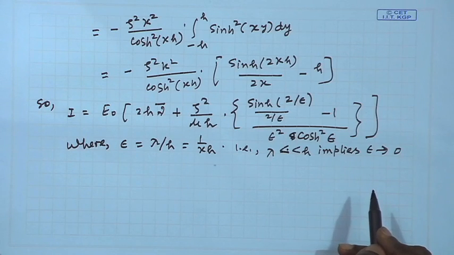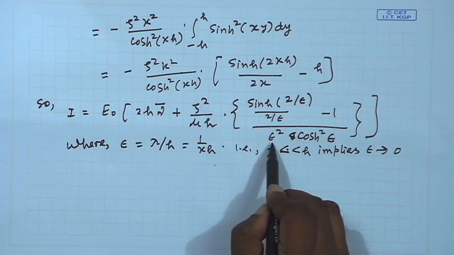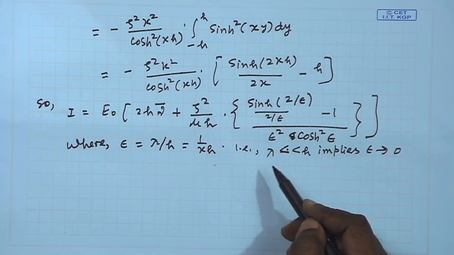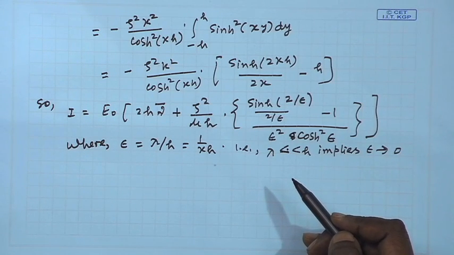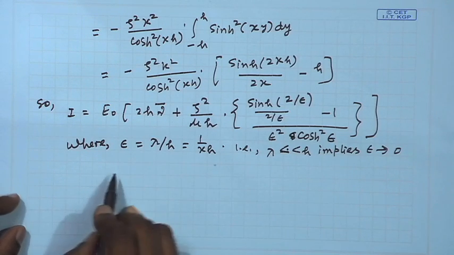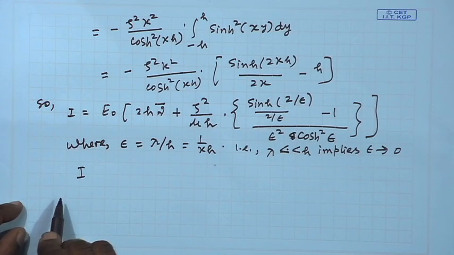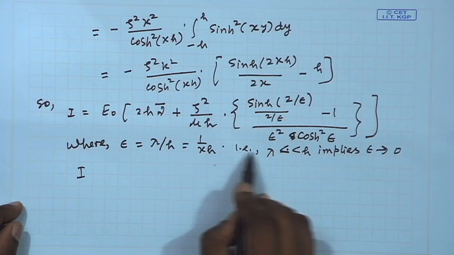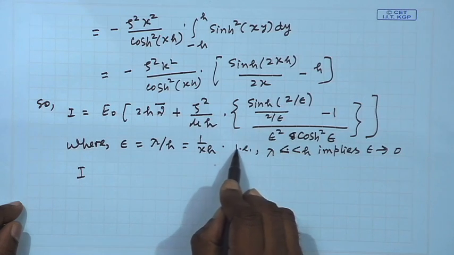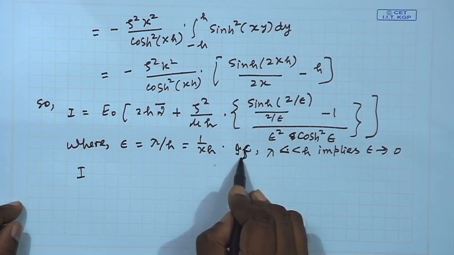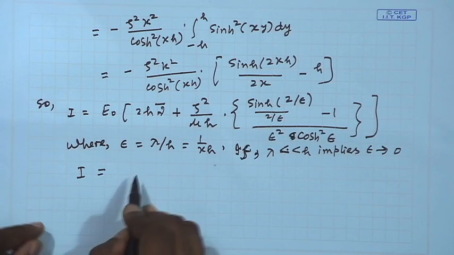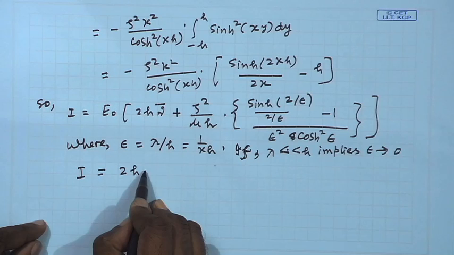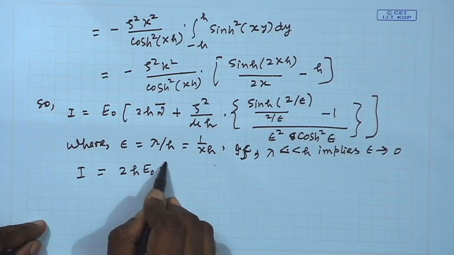So in this situation, this term will reduce to 1, and what we get is I nothing but, let us write, twice h E0 nu bar.